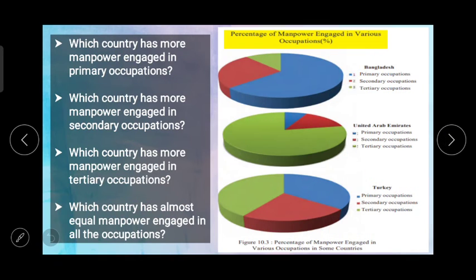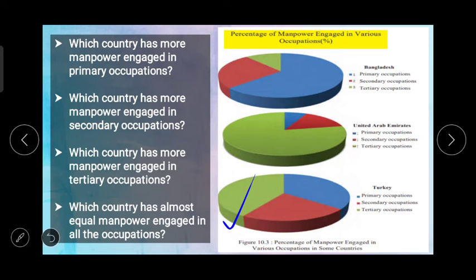So to understand this, we have figure 10.3, percentage of manpower engaged in various occupations in some countries. We have Bangladesh, then United Arab Emirates and Turkey. So what you have to do, observe figure 10.3 which is on screen.